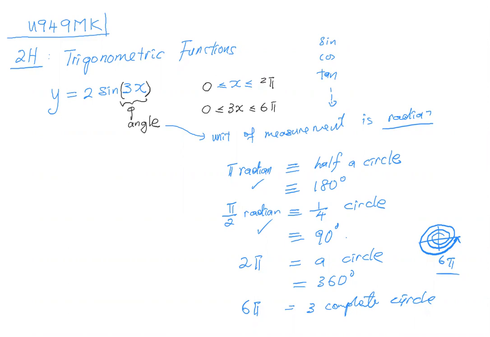Okay, now, do you know what is the maximum value for y here? Can anyone tell me what is the maximum value for y? Can you get the maximum value for y from your GC and the minimum value of y from your GC?